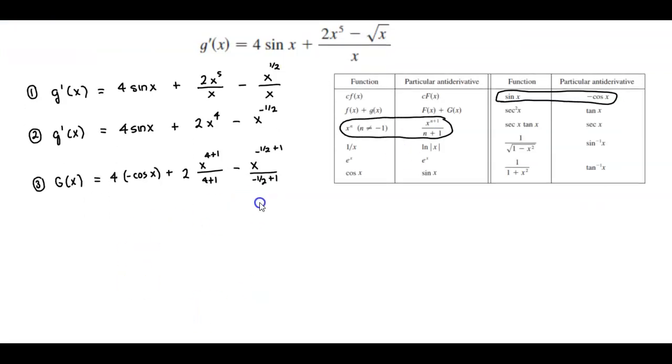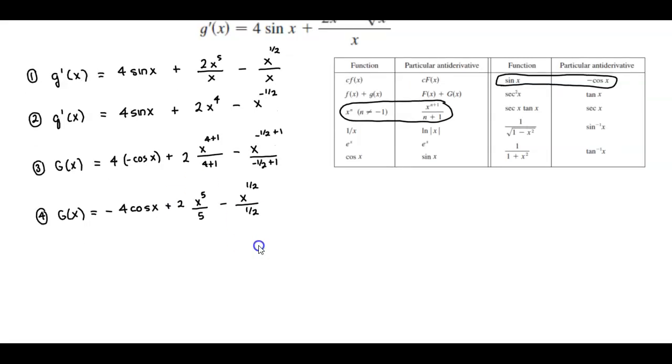Okay, so now let's simplify this a little further. So we get capital G of x, which is going to give us negative 4 times the cosine of x, plus 2 times x to the fifth over 5, minus x to the negative 1/2 plus 1, which is going to give us positive 1/2.